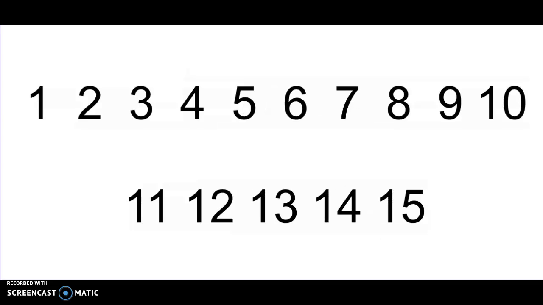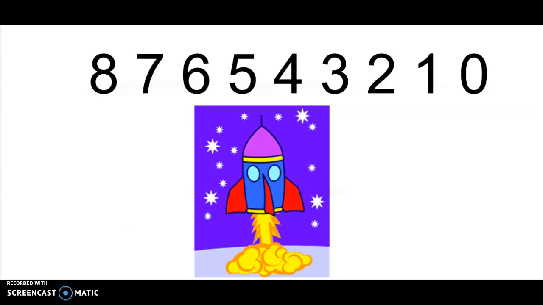All right, we're going to count all the way to 15. Let's count. 1, 2, 3, 4, 5, 6, 7, 8, 9, 10. I can't hear you. 11, 12, 13, 14, 15. There they are. I thought you fell asleep out there. Now, let's count backwards from 10.